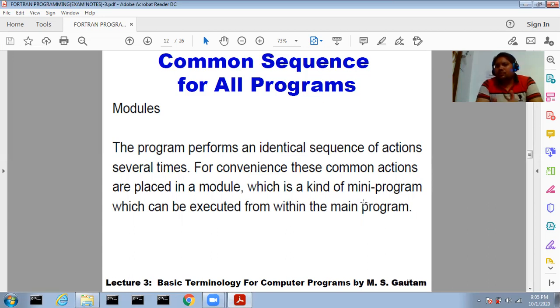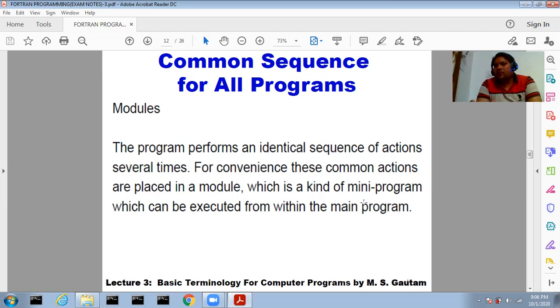Modules are used at a particular part of the program, and the function of this mini program is to do the calculation or operation many times where it is needed.